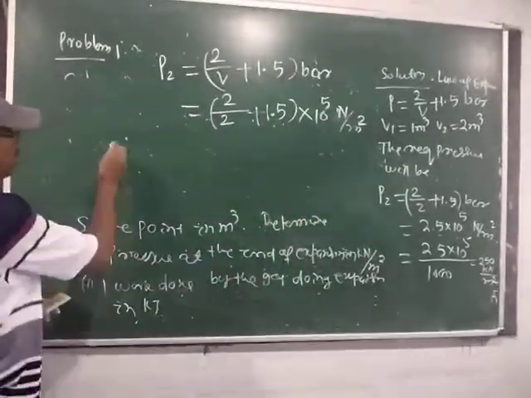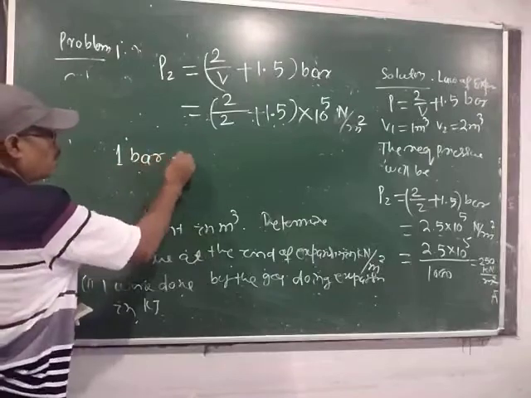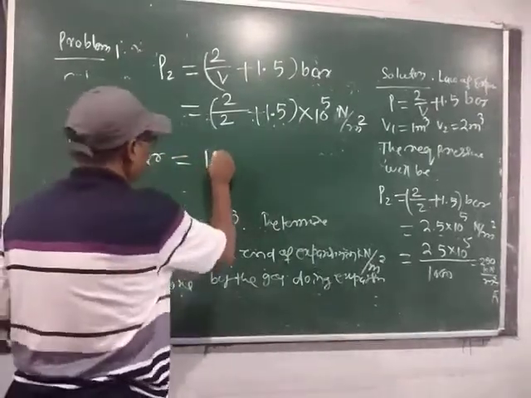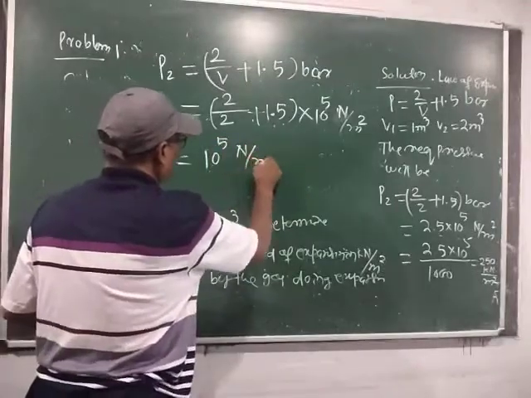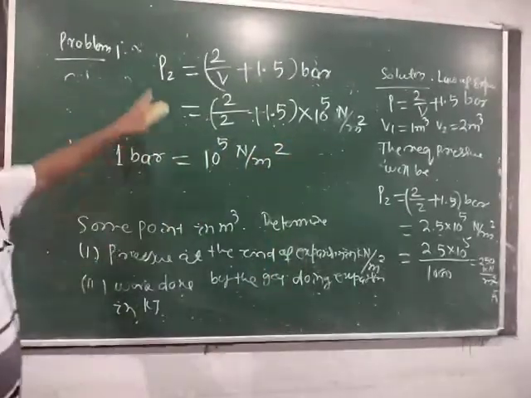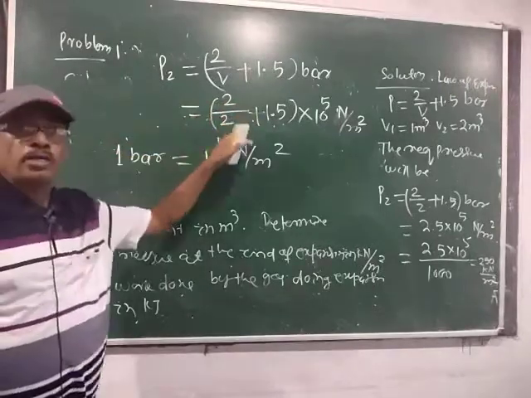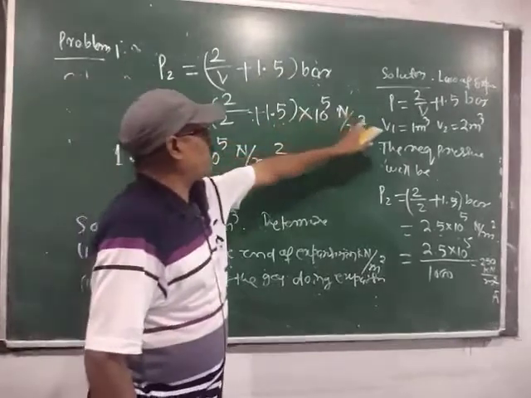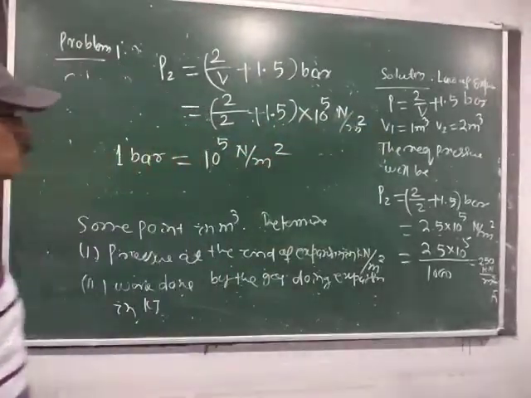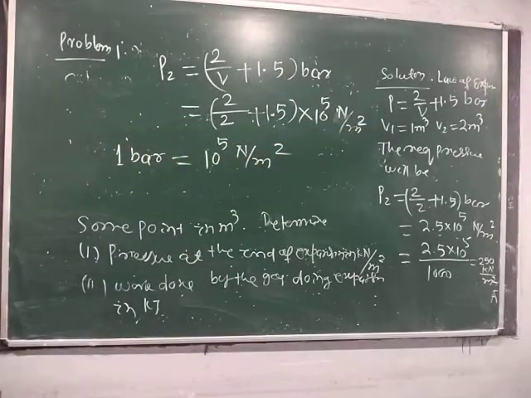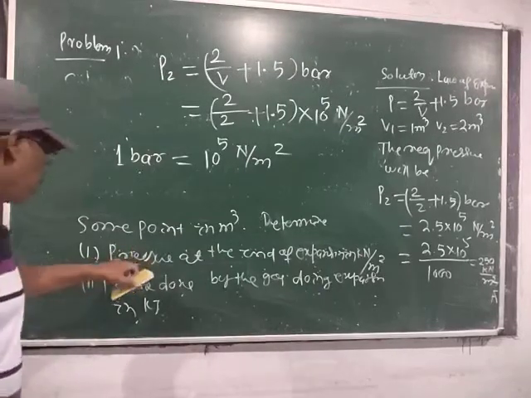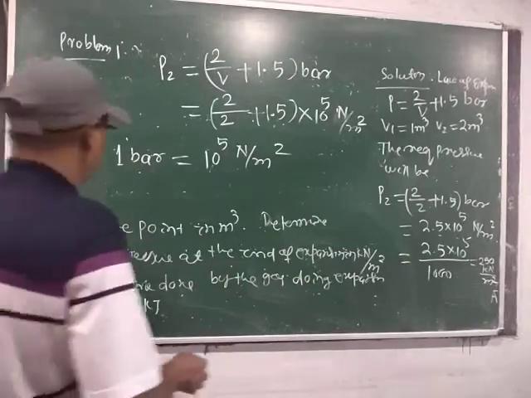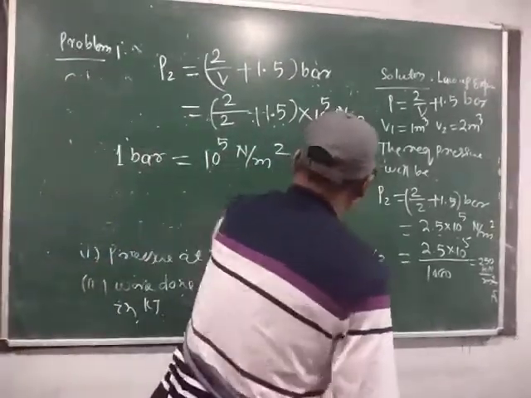Because 1 bar is equal to 10 to the power 5 Newton per meter square. Therefore, P2 is equal to 2 by 2 plus 1.5 into 10 to the 5 Newton per meter square. In the question, we are asked to find the pressure at the end of expansion in kilonewton per meter square.